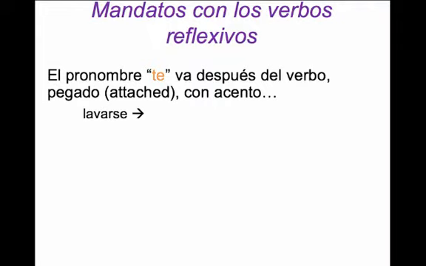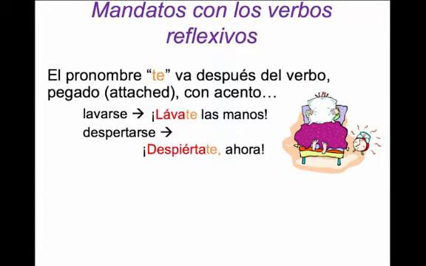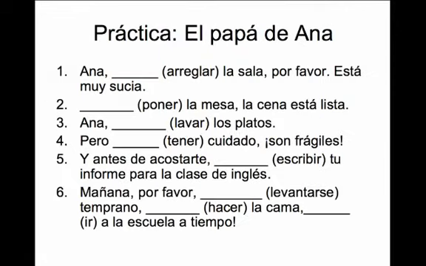So lavarse, if you want to tell someone wash your hands, lávate las manos. So the te goes after the verb, and you put a little accent mark. Despertarse, so tell someone to wake up. Despiértate, ahora, wake up now. So that's what you do with reflexive verbs.